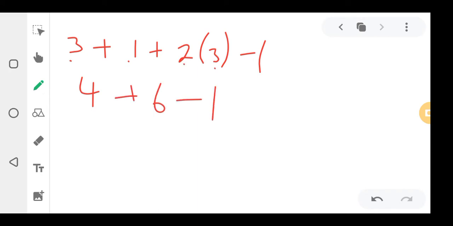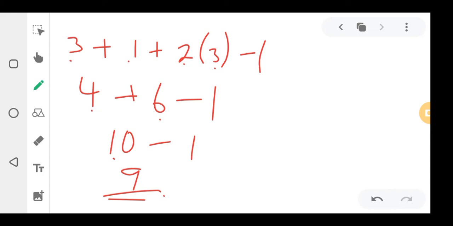Minus 1. 4 plus 6 is 10. 10 minus 1 is 9. So it means 9 people. Are you understanding how this thing is done? I hope you're understanding and then you're getting points. So basically that's how you do stuff like this.